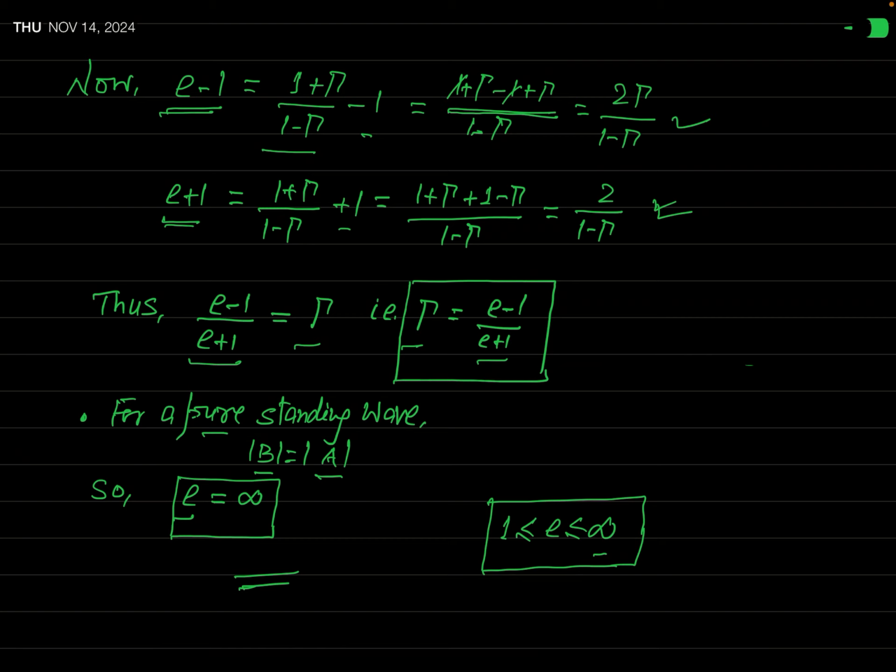When you say that its value is infinity, you are talking about a pure standing wave which has been formed by the superposition of two waves of equal amplitude. But when you say that the value of SWR is 1, it means that the wave has no characteristic of a standing wave, that is, it is purely a progressive wave. No property of a standing wave.